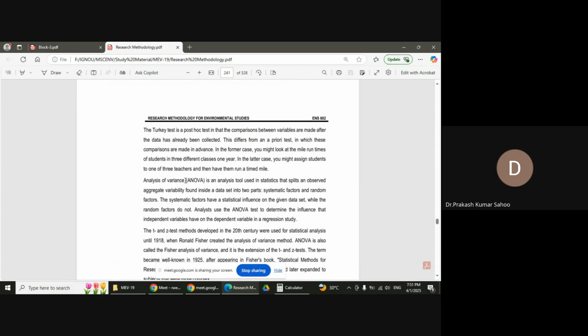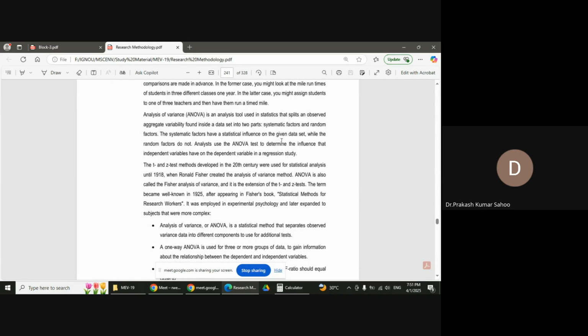So analysis of variance is an analysis tool used in statistics that splits an observation's aggregate variability found inside a data set into two parts, that is systematic factor and random factor. The systematic factor has a statistical influence on the given set of data, while the random doesn't.